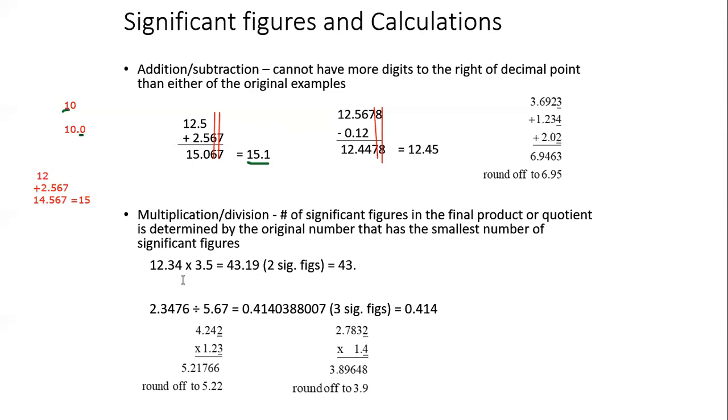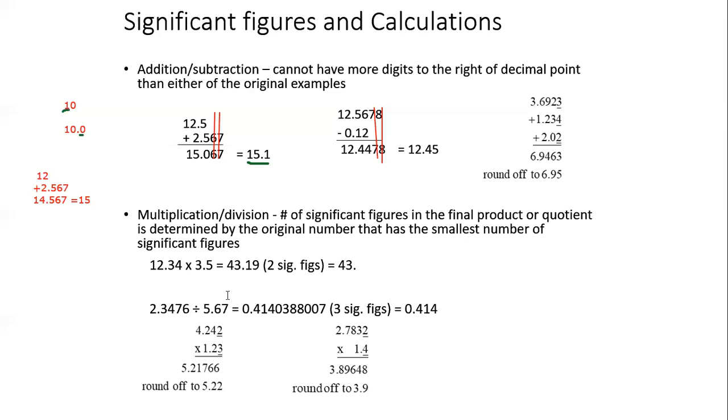So 12.34 has 4 significant figures, 3.5 has 2. So we would round to 2 significant figures. So 43 would be the answer. Now we take 2.3476 divided by 5.67. The calculator spits out this very long number. But since we're doing division, 2.3476 has 5 significant figures, 5.67 has 3.